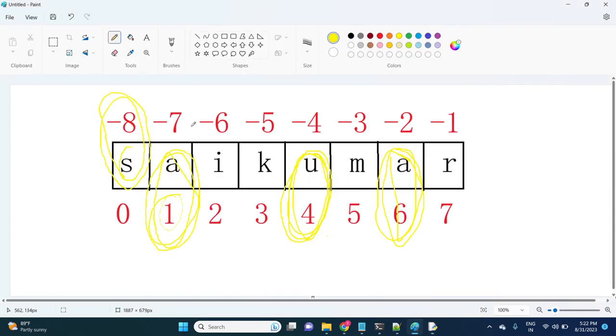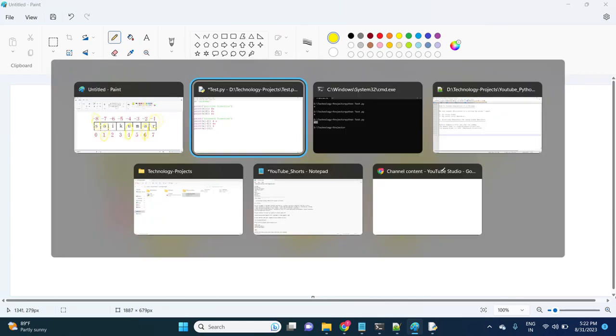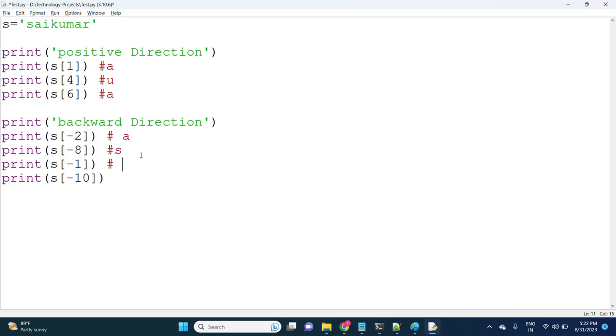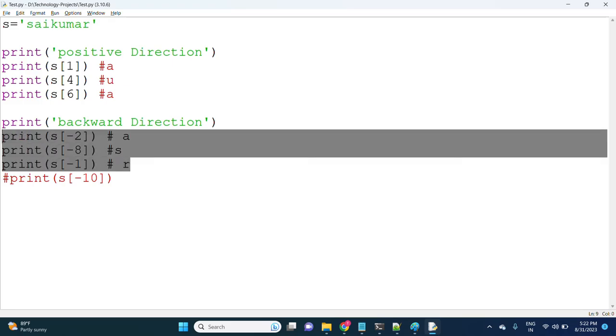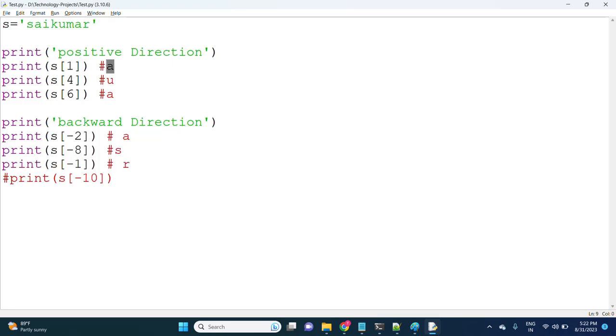Minus 1 means R. Minus 10, as of now just leave this one. First we are going to get this as the output: A U A, positive direction, negative direction A S R.